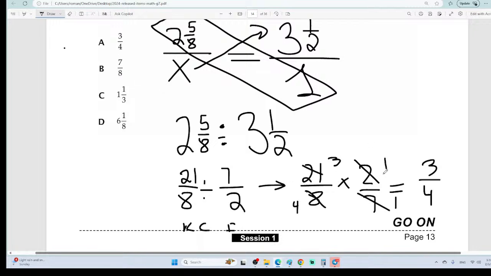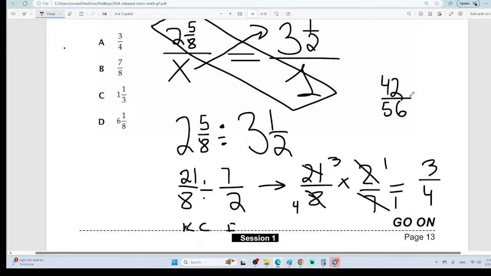Then you will have 21 times 2, which is 42, over 8 times 7, 56. And then you have to reduce this fraction to its lowest terms. How do we do it? Well, you have to find the greatest common factor of 42 and 56, which is, well, it's not even 7. It's going to be 14.